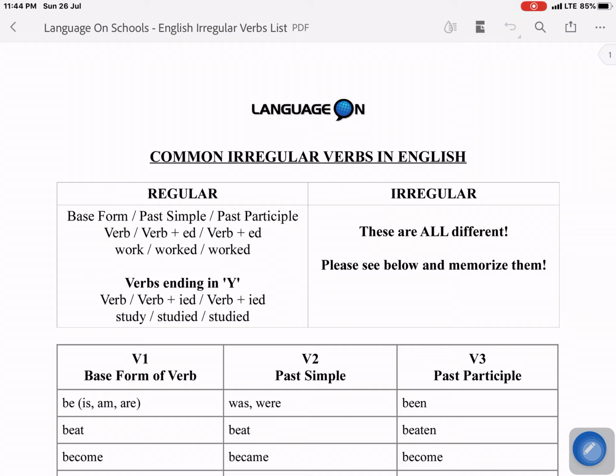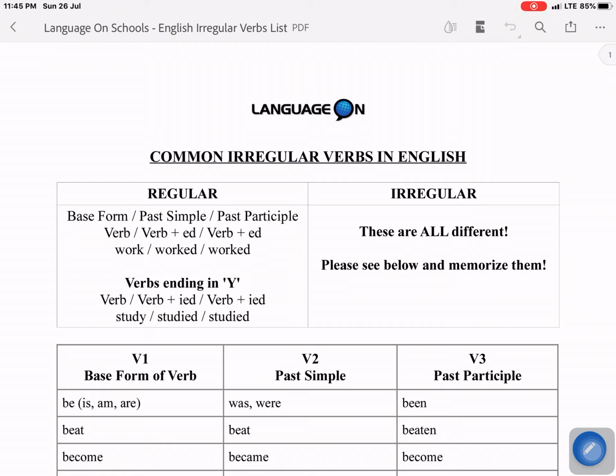Now, verbs ending in y. If a verb ends in y at the last letter, then you have to add ied to make it the V2 form.